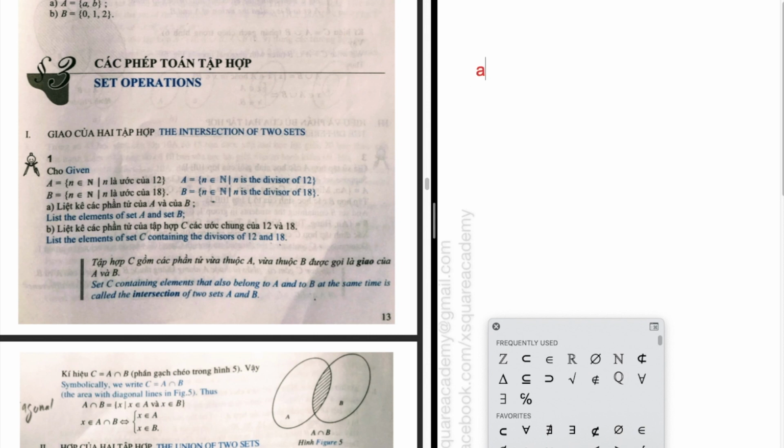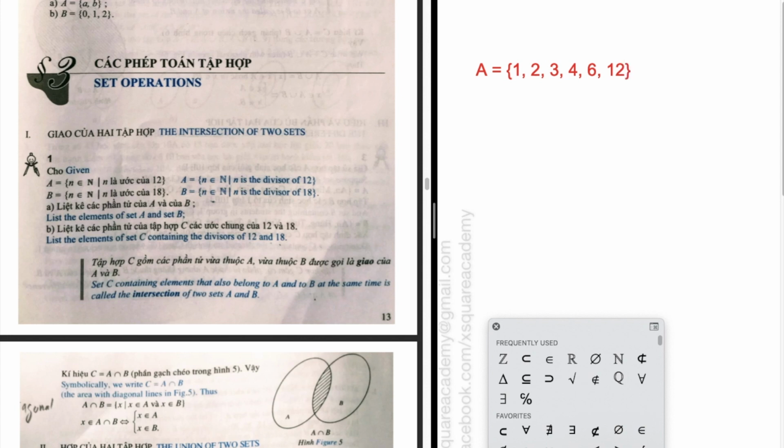Okay, set A contains natural numbers that are divisors of 12, so A contains 1, 2, 3, 4, 6, and 12.